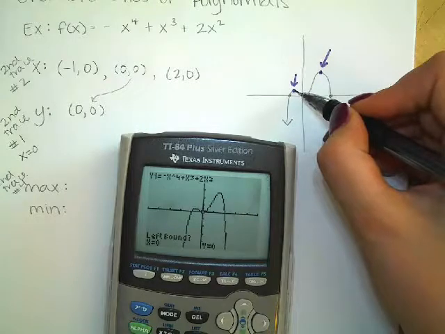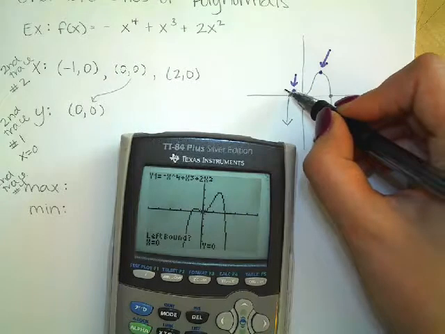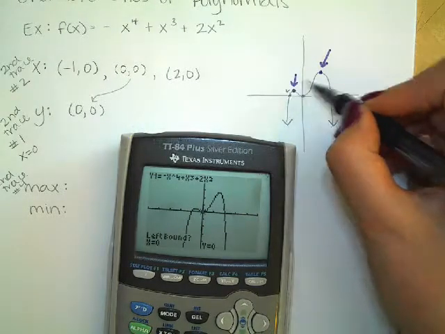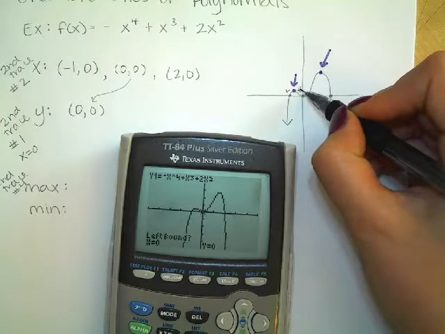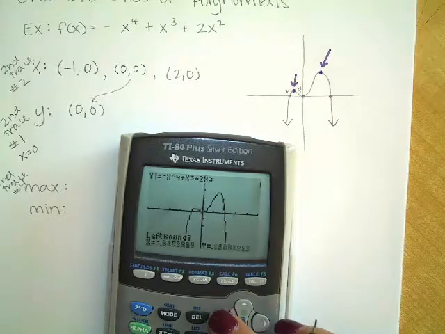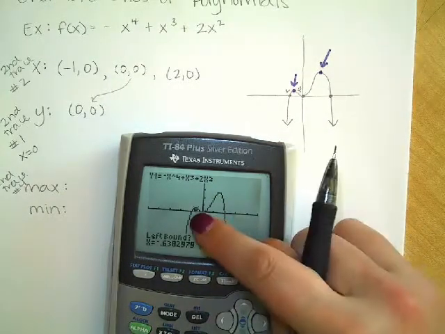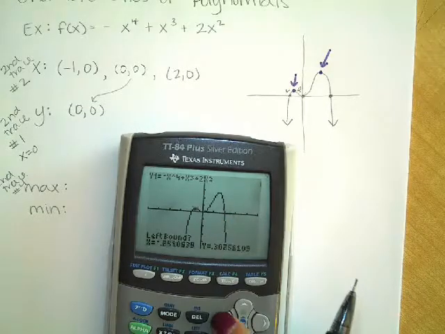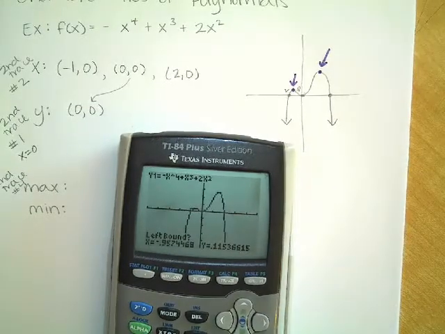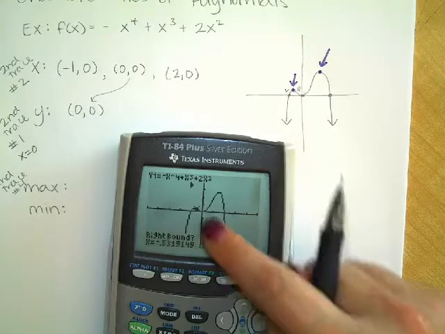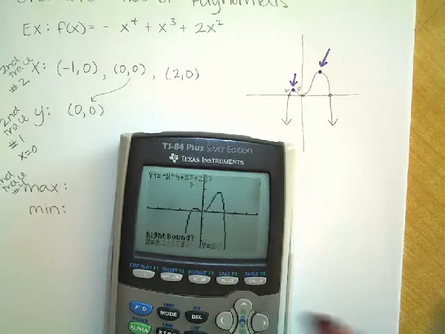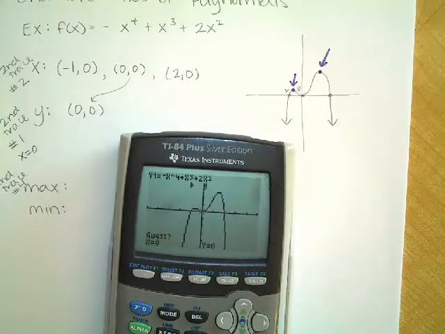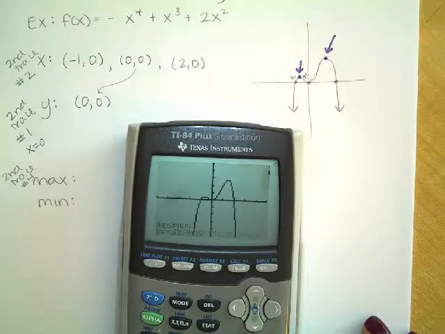So if the top of this little mountain is the middle, then the left bound would be slightly to the left of the mountain, and the right bound would be slightly to the right of the mountain. So if I think that that is where my answer is, then I should go to the left of it and say, okay, there's my left bound. If that's the top of the mountain, I need to go to the right of it. There's my right bound. And then let the calculator find it.